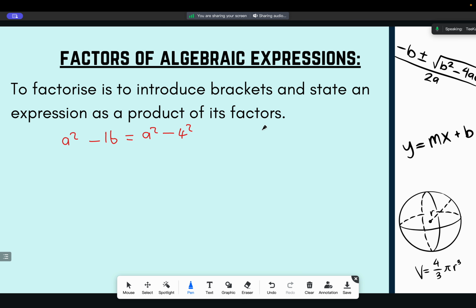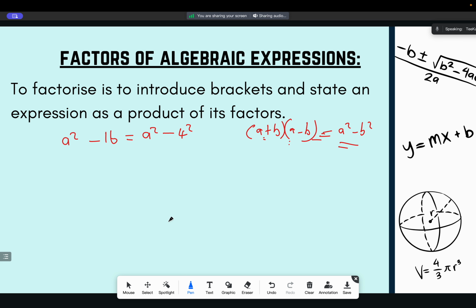We said when we have an expression like a plus b times a minus b, this is called a difference of two squares. So what you do is you just say the answer here will be a squared minus b squared. This is a difference of two squares.